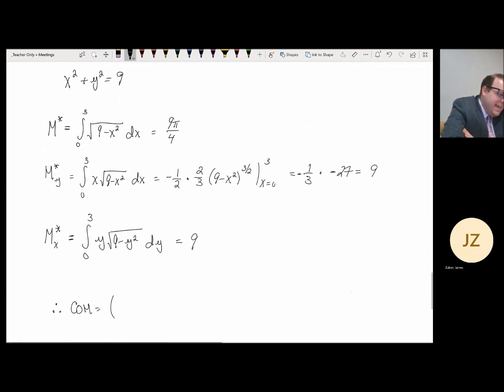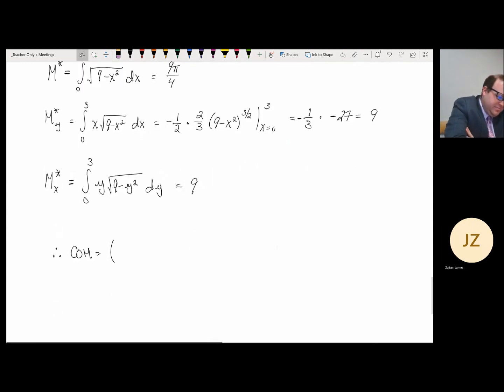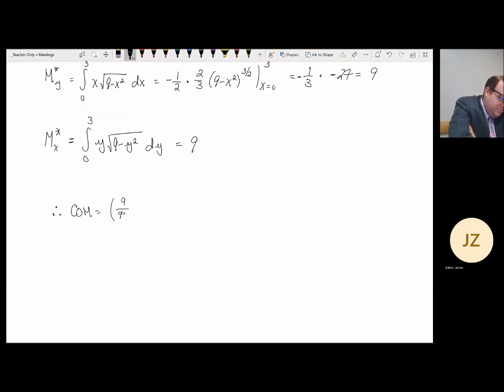Center of mass is then 9 over 9 pi over 4, which is 4 over pi.